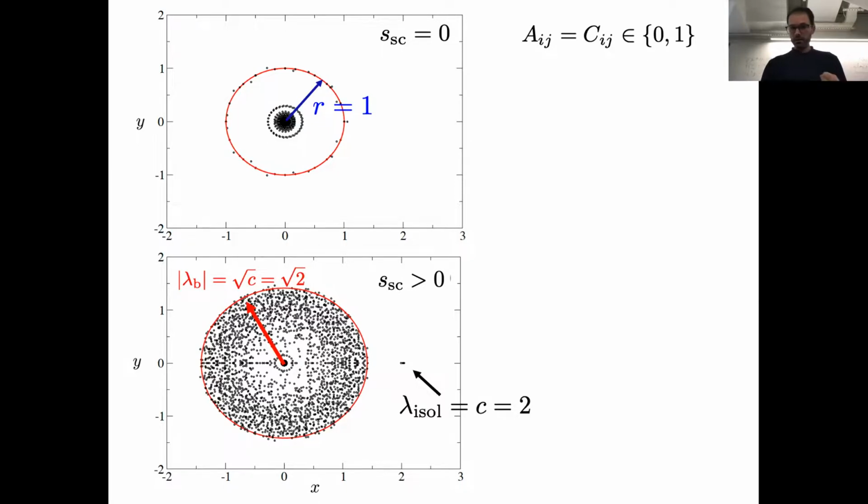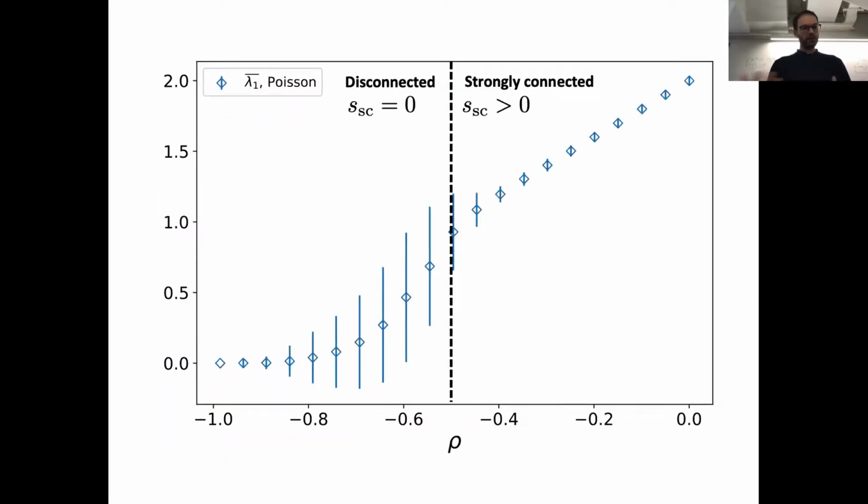So we can compare this a bit more quantitatively with numerics. Here we plot the leading eigenvalue as a function of rho, which quantifies the correlations between in and out degrees. So the rho is negative. This means that in and out degrees are anti-correlated in this ensemble. The percolation transition is this dashed line.